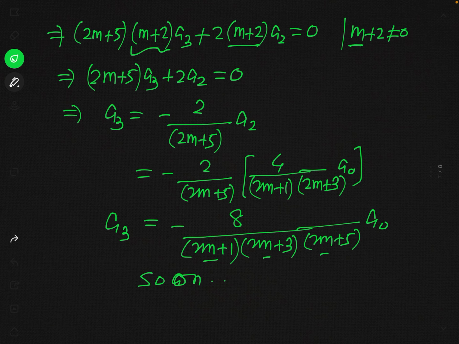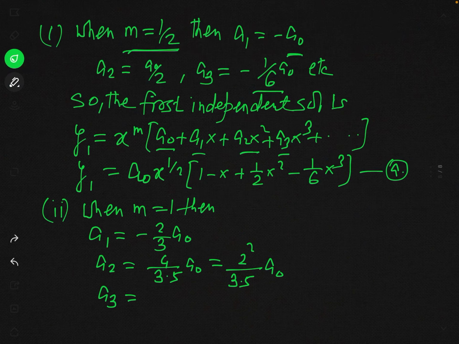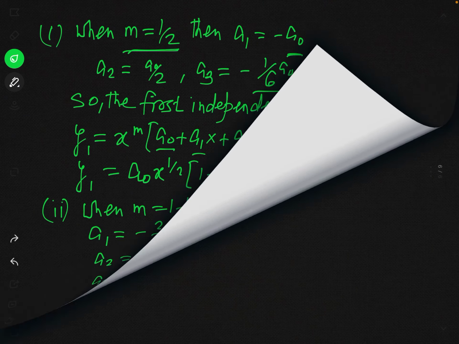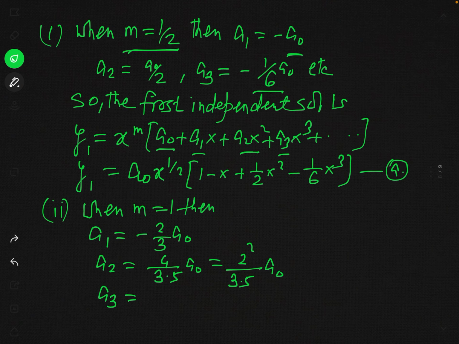So there will be 3 into 5 into 7 in the denominator and you can see that this will be minus 8 divided by 3 into 5 into 7 into a naught, and this can be written as minus 2 cube by 3 into 5 into 7 into a naught.